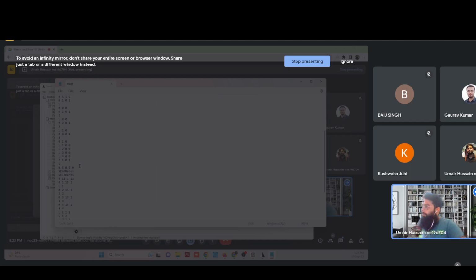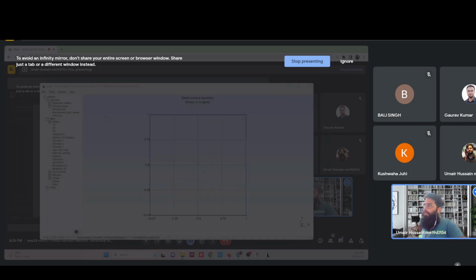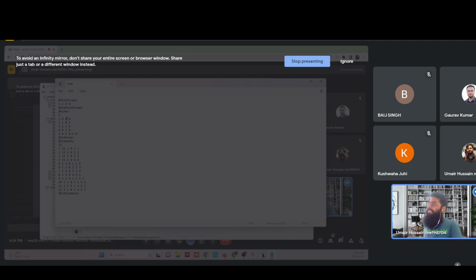I don't remember seeing all that. I'll try with version 2 ASCII. Yeah, this is much simpler, cleaner.